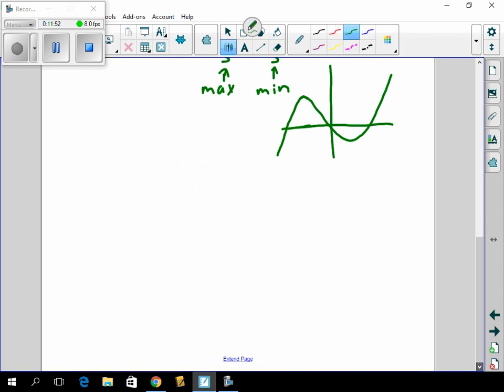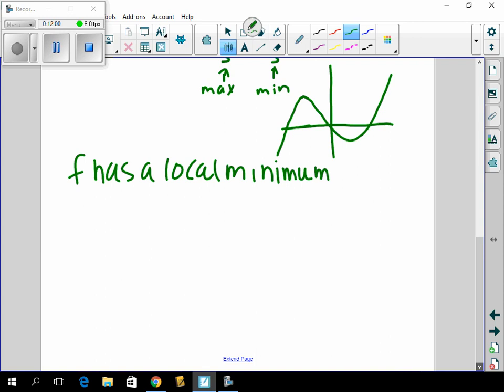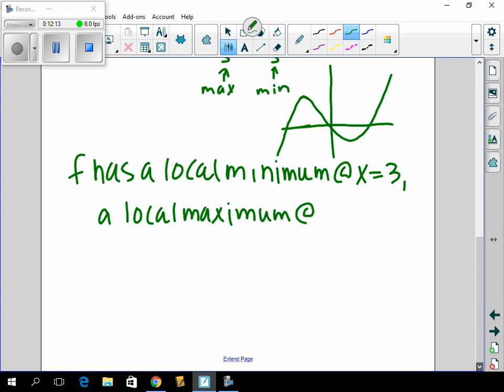So I can say F has a local minimum at x equals 3, and a local maximum at x equals -3.